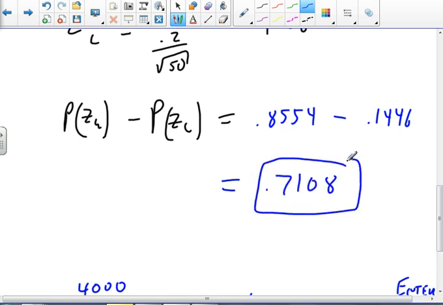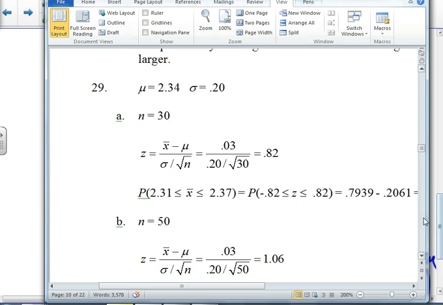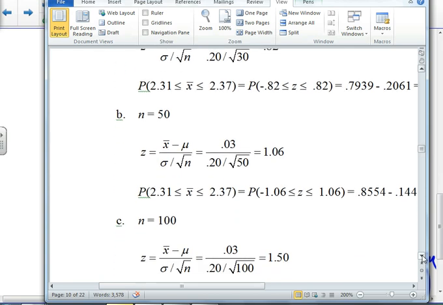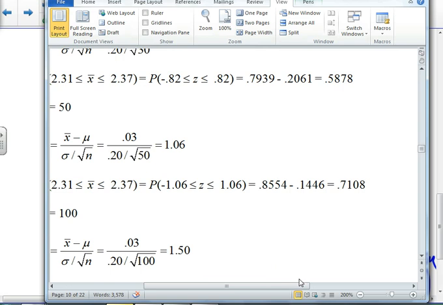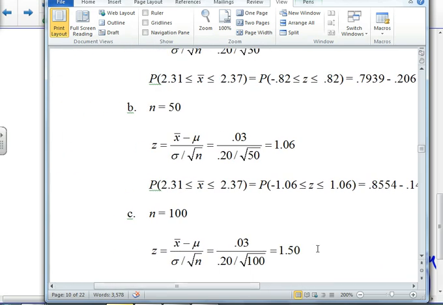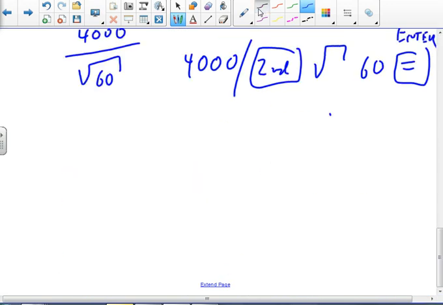So that's my final answer to B. On 29, looking at B, 0.7108. Same thing that we got. Excellent. No use going on if we get a different answer, right?